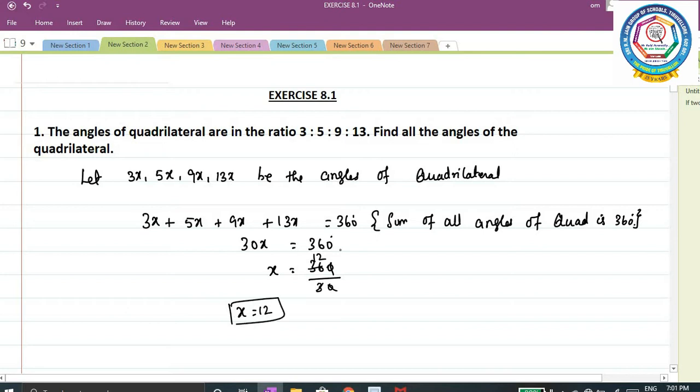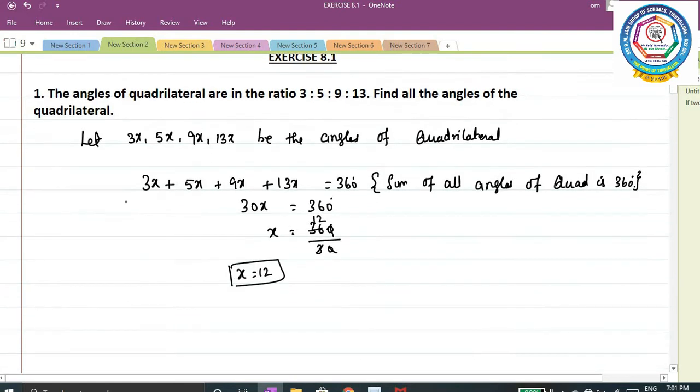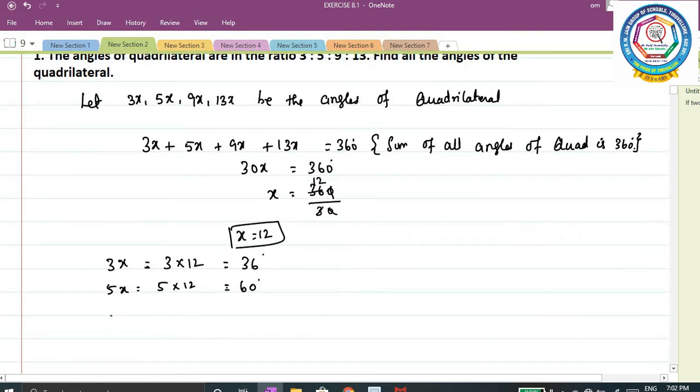But the question asks, find all the angles of the quadrilateral. So we consider 3x, 5x, 9x, 13x. So 3x, that is 3 into 12. 3 twelves are 36 degrees. Next one, 5x. So 5 into 12. 5 twelves are 60 degrees. Next one, 9x.